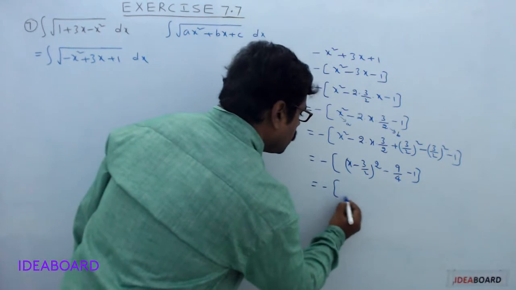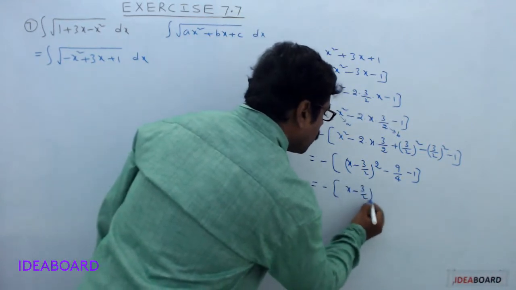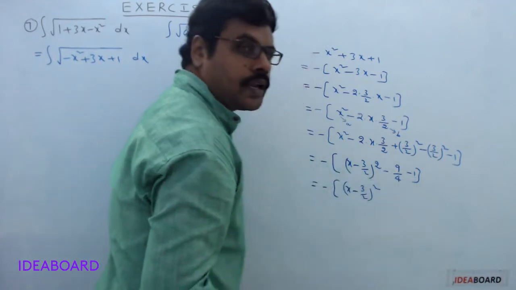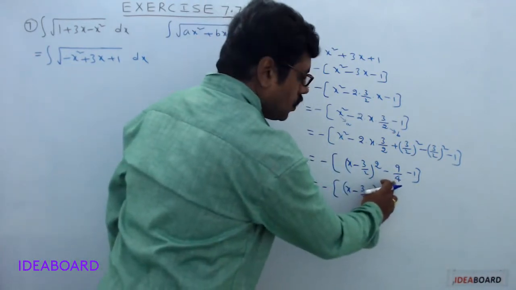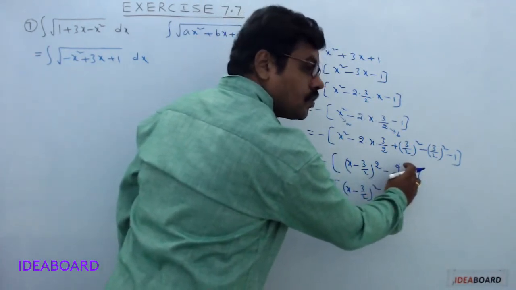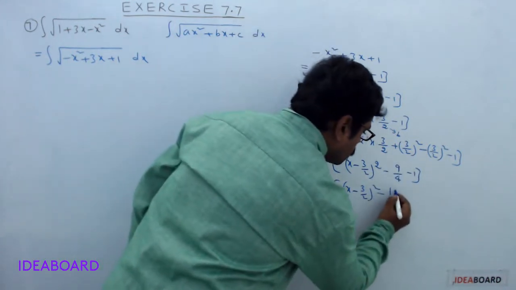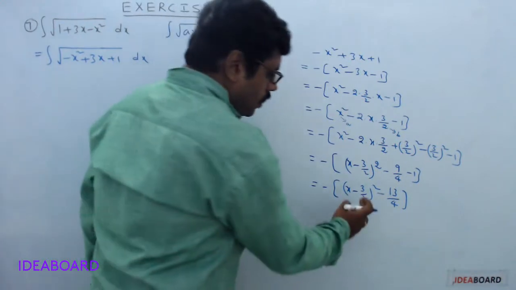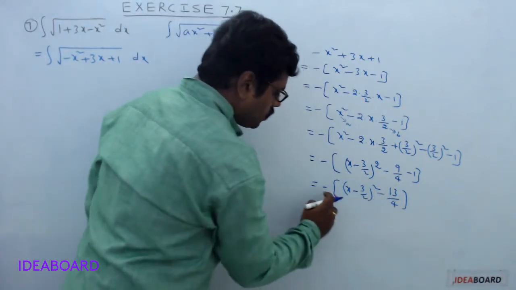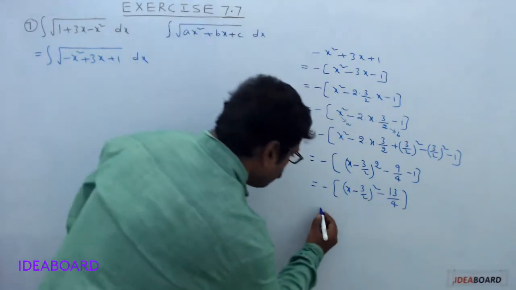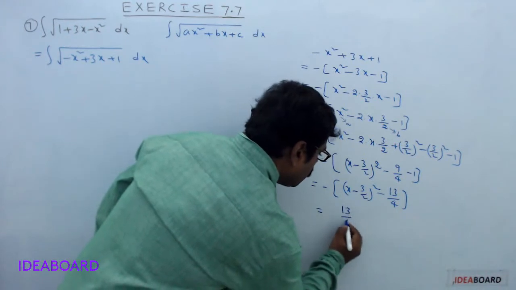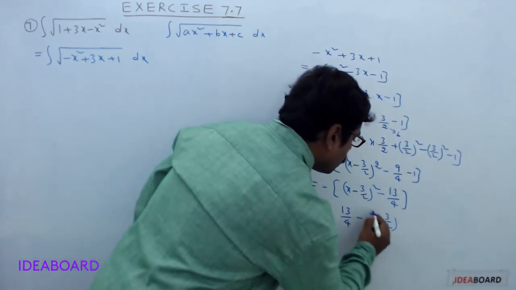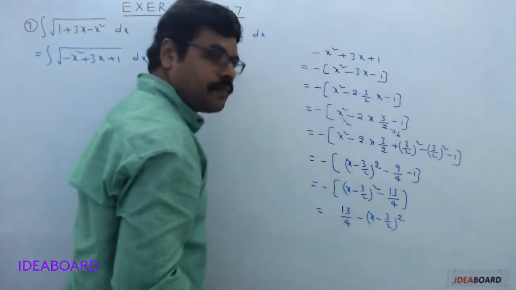Now this is minus x minus 3 by 2 whole square minus 9 by 4 minus 1. LCM is 4, minus 9 minus 4, minus 13. So it is minus 13 divided by 4. Now multiply these two terms with this negative sign. It is 13 divided by 4 minus x minus 3 by 2 whole square.